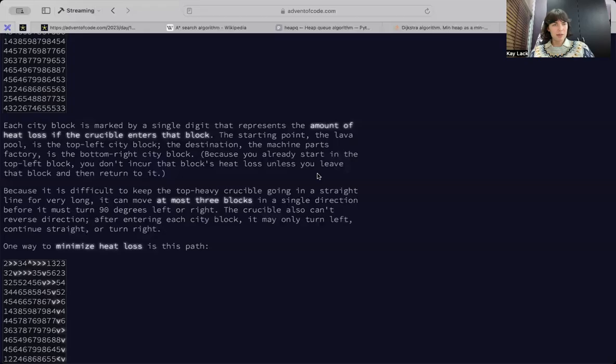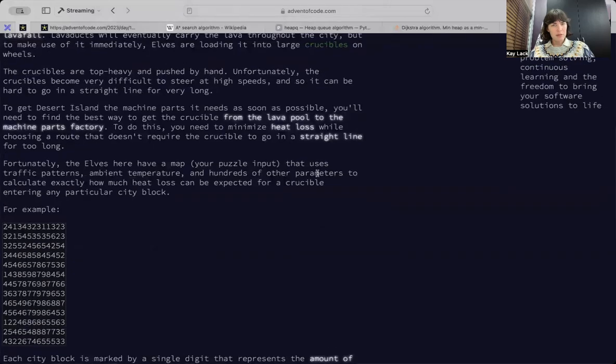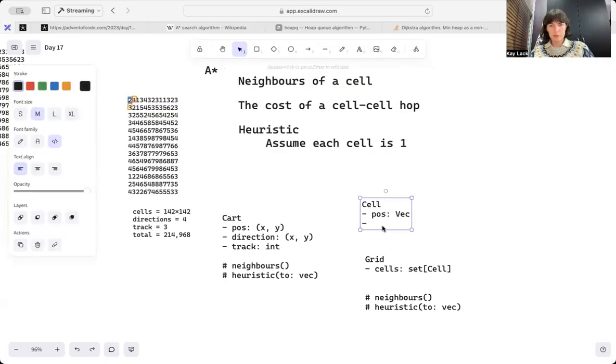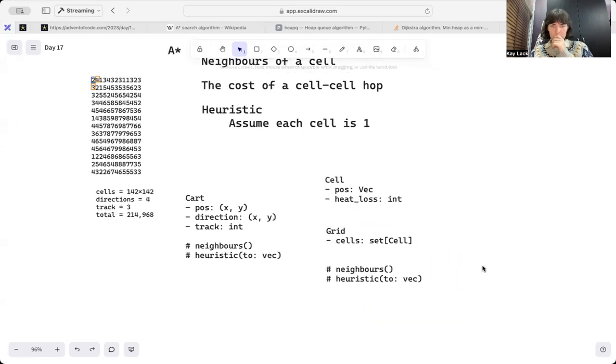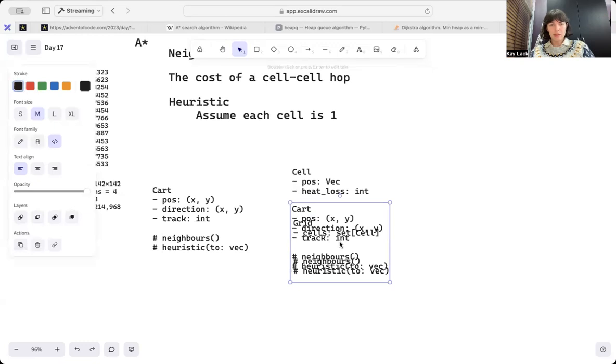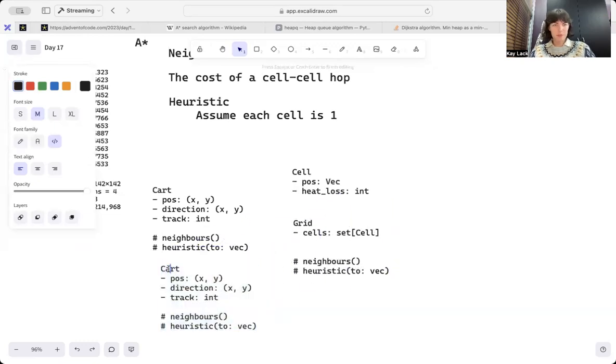What do we call this thing? Heat loss. And then we're going to have our state, which of course is going to have a grid and a part.